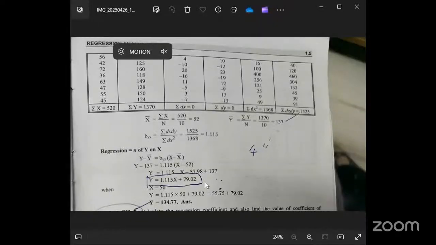If you see, this is the problem, continuation. So byx is sigma dx dy by sigma dx square, which equals 1525 by 1368, that is 1.115. Whereas the regression equation, that is y on x, is y minus y bar equals byx into x minus x bar.